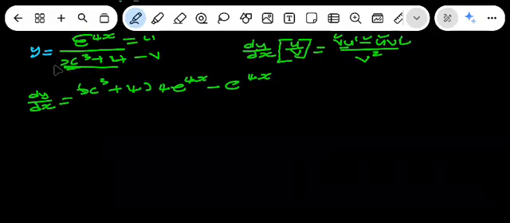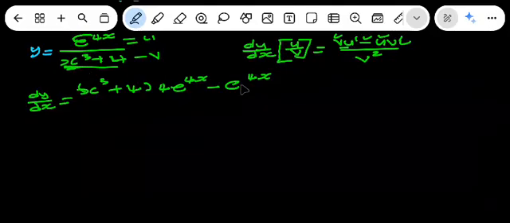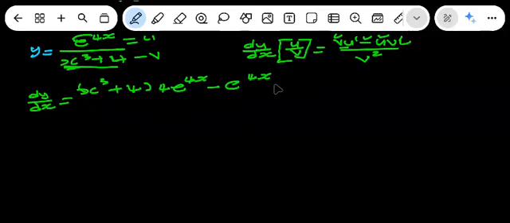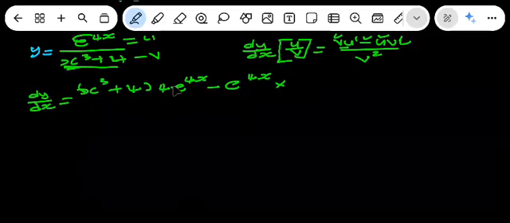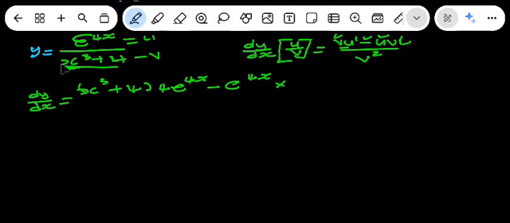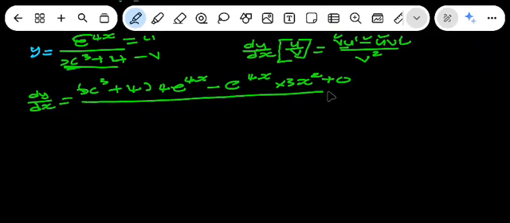When you differentiate x cubed, it's simply drop the exponent, there will be 3x, subtract 1, there will be 2. Then 4 is simply a constant, plus 0. Constant is simply 0.